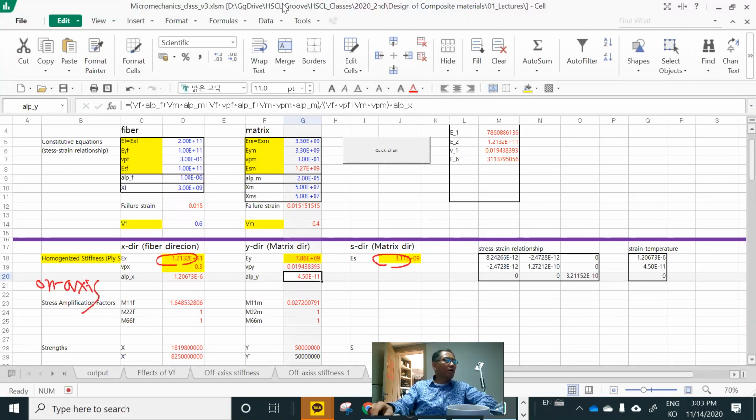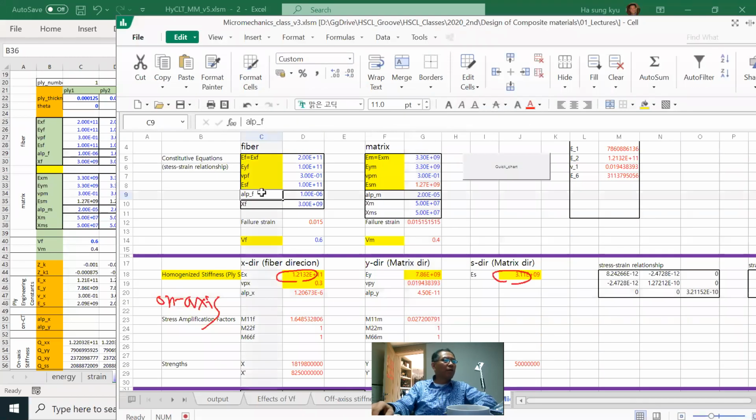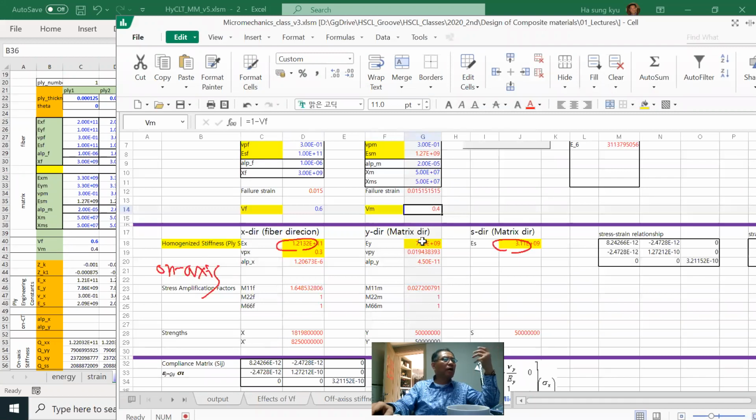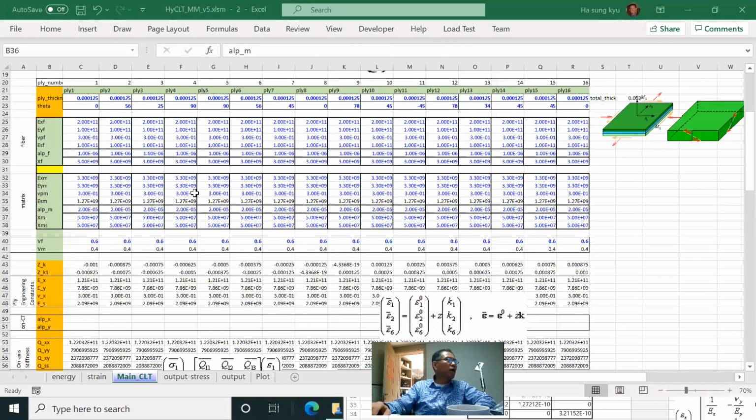So we're gonna use these terms, and to do so, we need to start with alpha fiber and alpha M. As you can see in composite, the fiber has a CTE and matrix has a CTE. They are combined with the fiber volume fractions or matrix volume fractions, and the CTE in the ply will depend on these physical quantities, obviously, and that physical relation was derived.